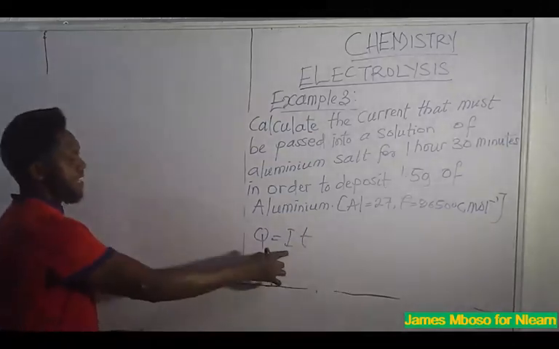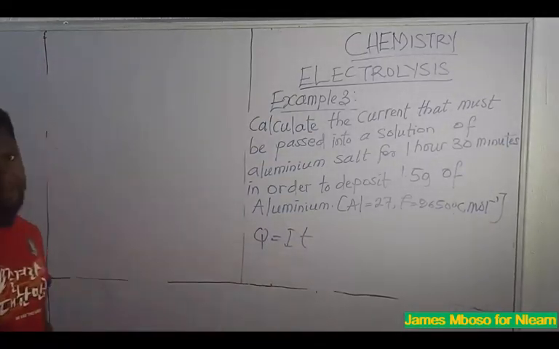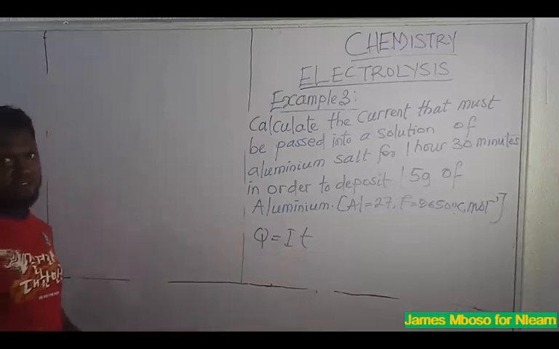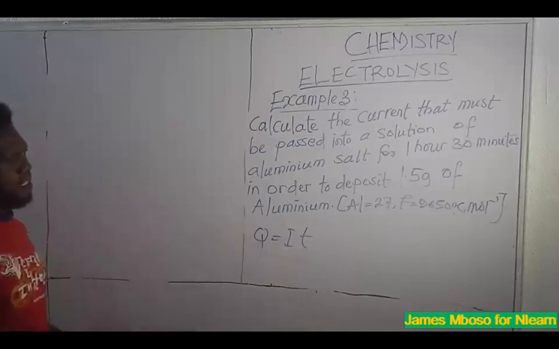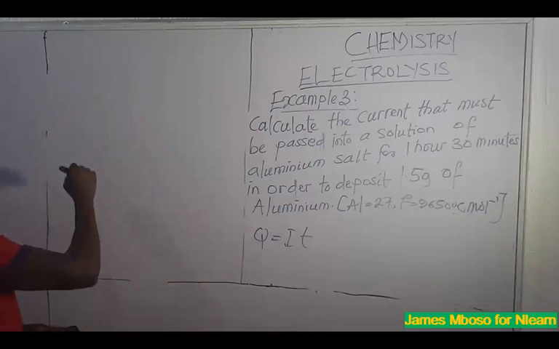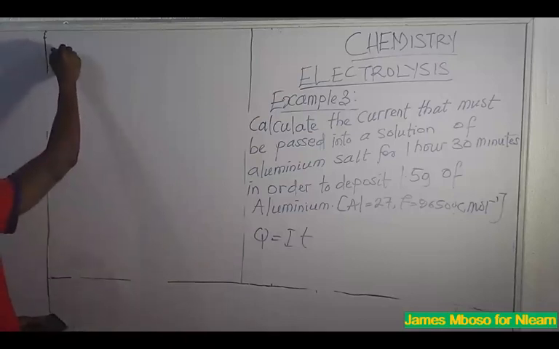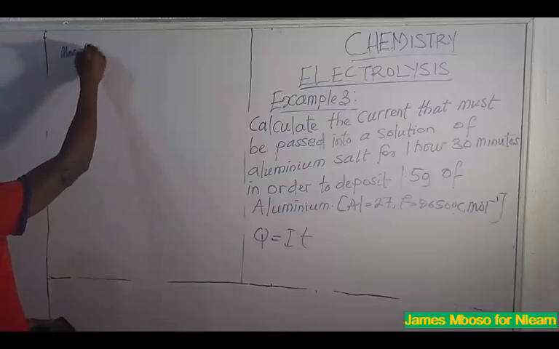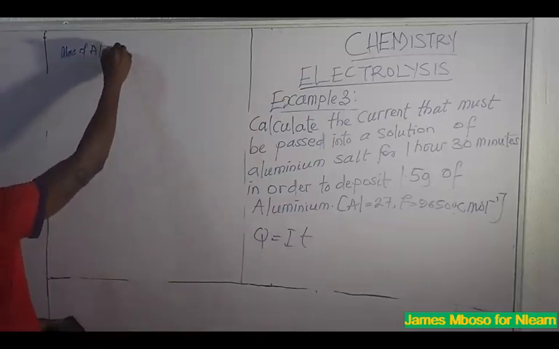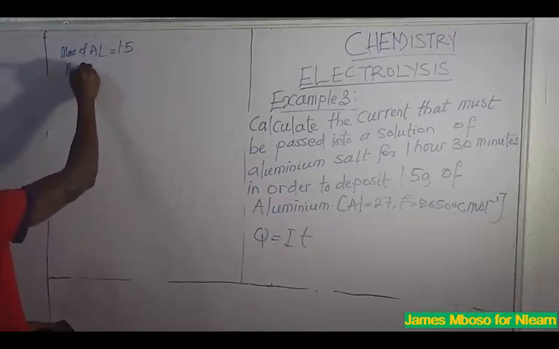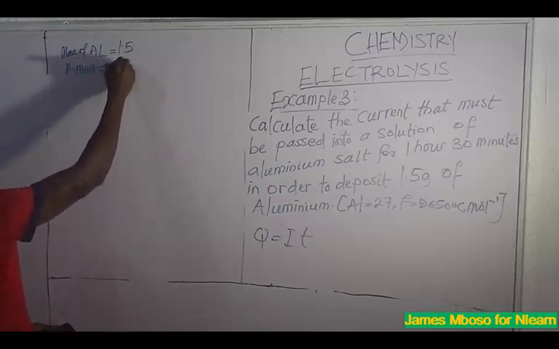So we are being asked to find the I. So what we do is to first of all calculate our quantity of electricity. We are given the mass of aluminium as 1.5, and we know the molar mass as 27.